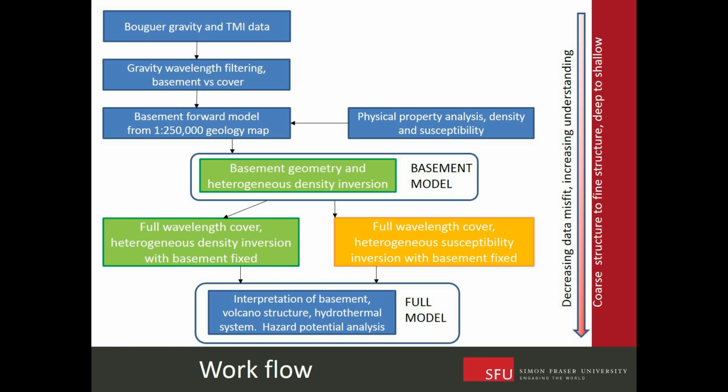We're going to look at creating a forward model from the existing geology map, and then populating that with physical properties that we've got. And then we're going to run our inversion model to refine the offsets on those faults and the physical properties within the basement. Then we're going to look at the full wavelength data for modelling what's above that basement.